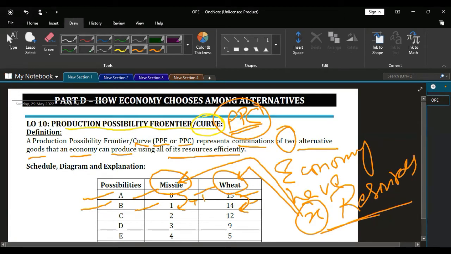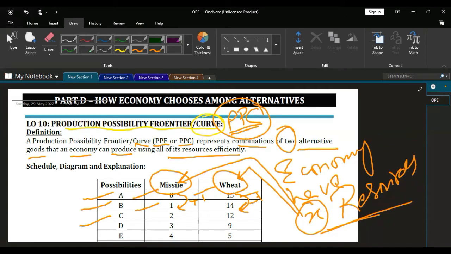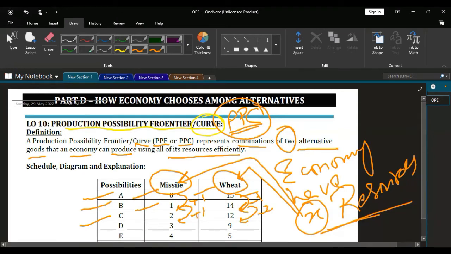So, in order to increase one missile, you have to decrease 1 kg of wheat. Similarly, in combination C, we require more missiles. So, to increase one more missile, you have to forego 2 units of wheat.